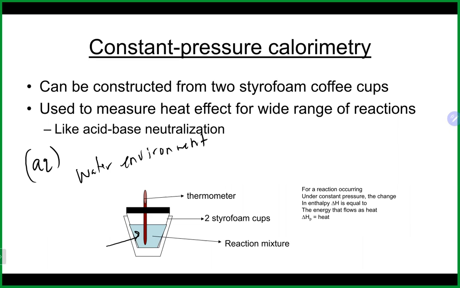When you do something like this at constant pressure, which is essentially what we do in lab, when you calculate Q through that calculation, it is the same value as the enthalpy change in that particular reaction. So at constant pressure, they will equal each other. And it's a super simple way to figure out how much energy is being released when you do any type of reaction. Again, all you need is that thermometer to carry through.